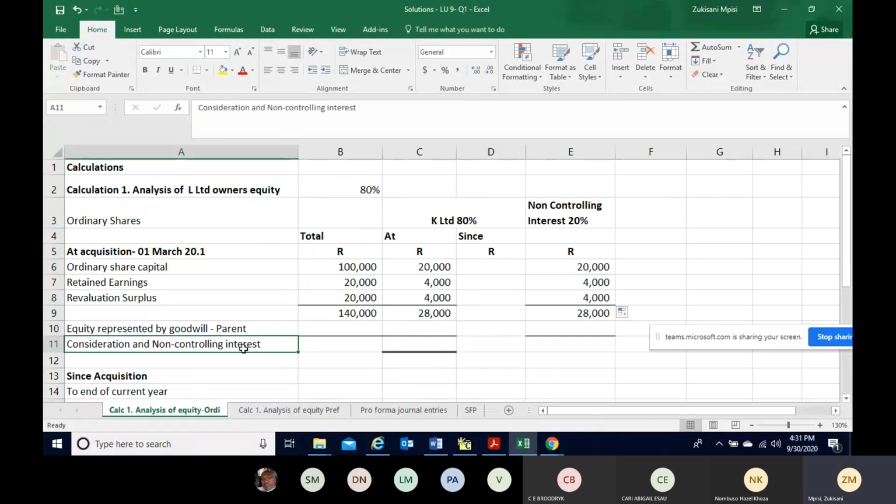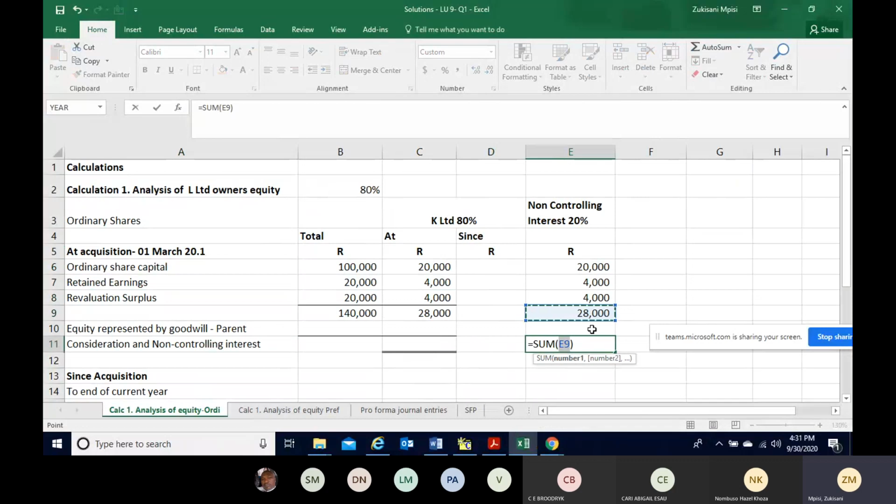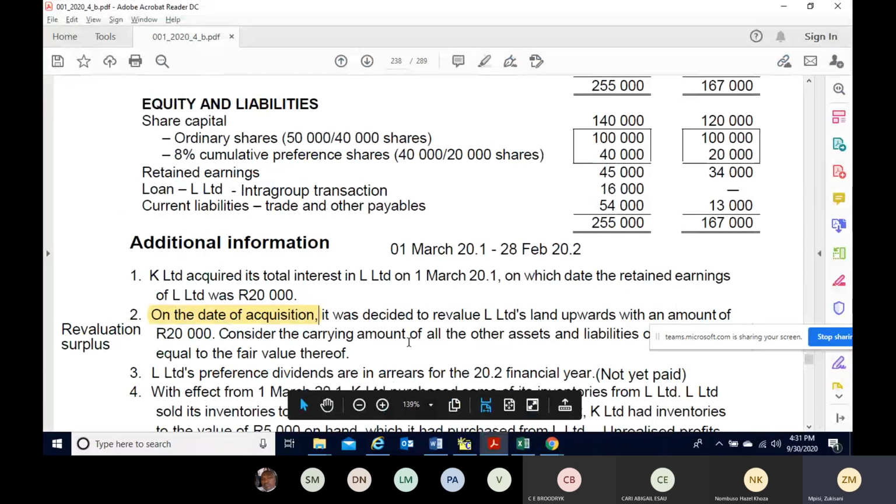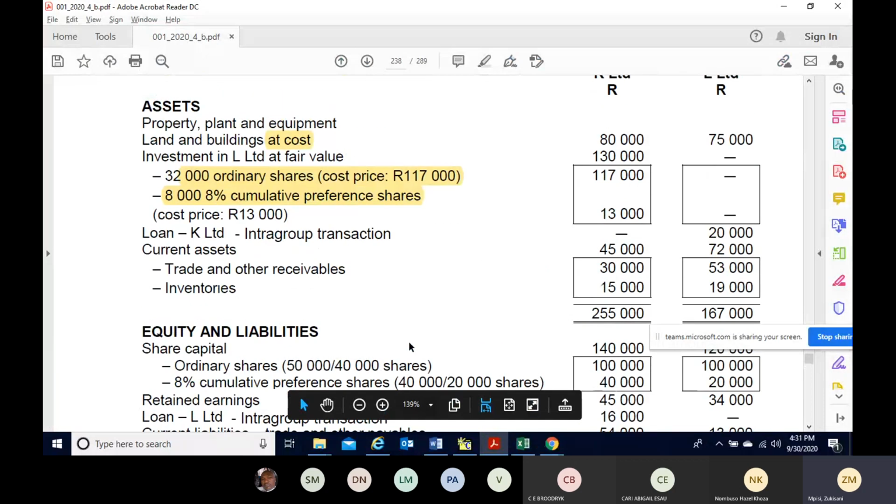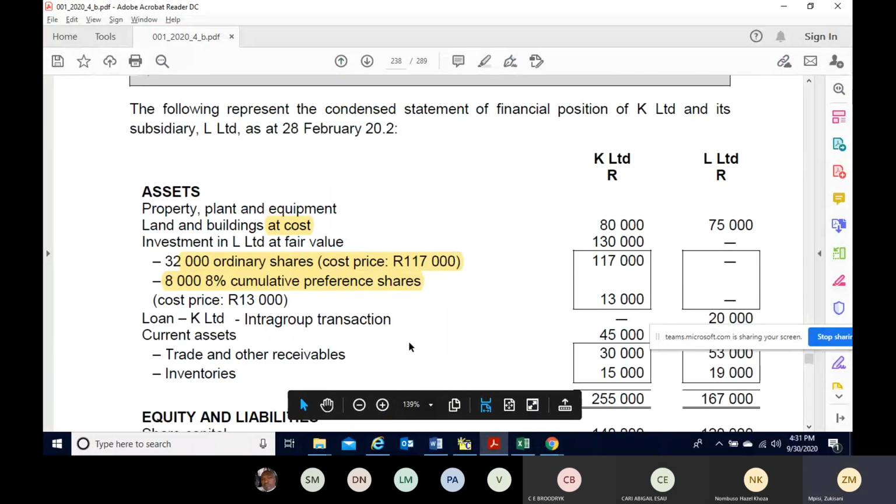Right. Now, the next thing that we look at is what was the consideration of the subsidiary, and how much was the non-controlling interest. So the non-controlling interest, it becomes obvious, 28,000. But now the consideration, we will see when we are looking on the investment side of the statement of financial position.